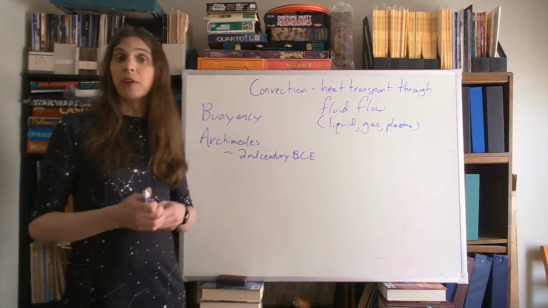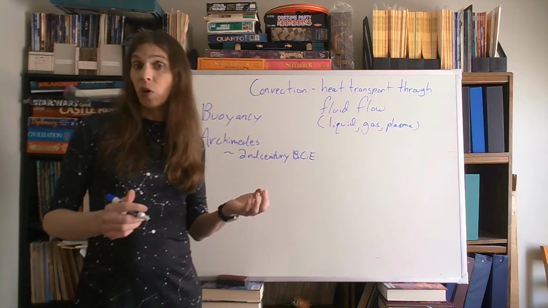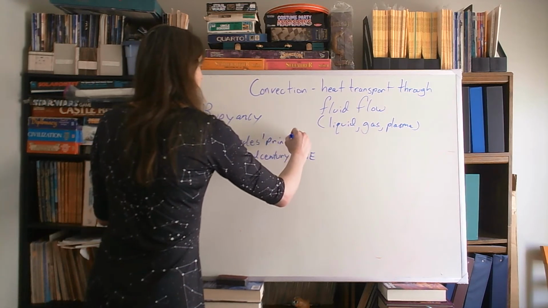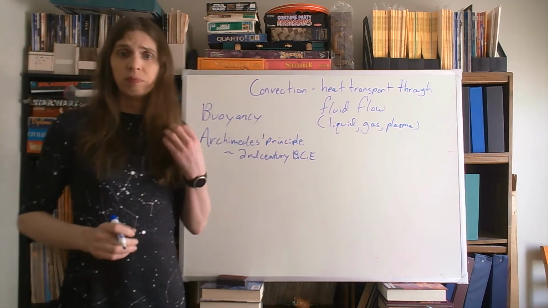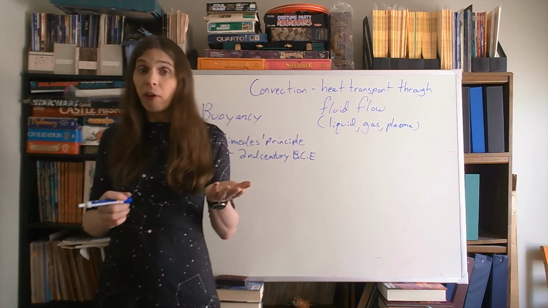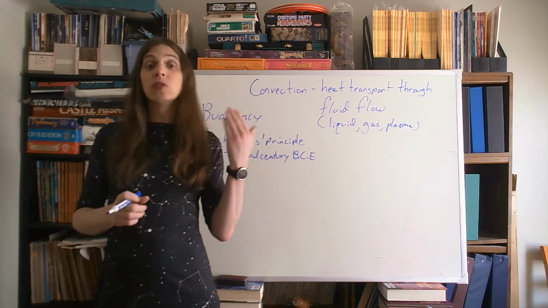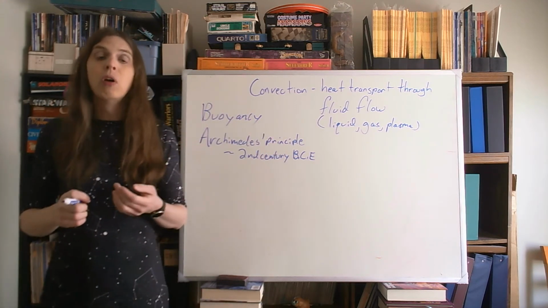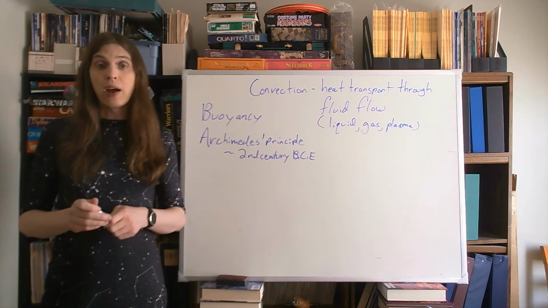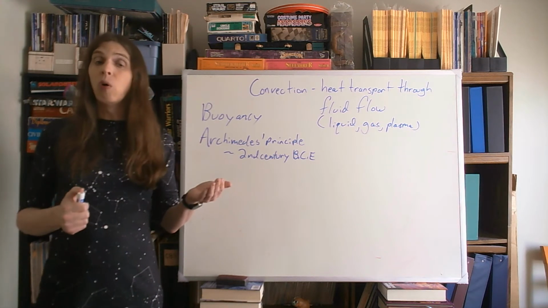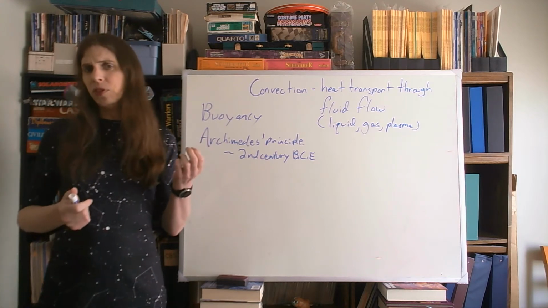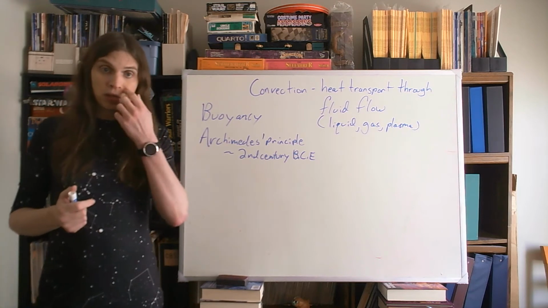Buoyancy, he also wrote about and described what became known as Archimedes' Principle, which has kind of a legend that goes along with it, which you may have heard of. And it goes like this. Archimedes' relative King Hero had commissioned an artist to craft a gold crown to go on the head of a statue of, I believe, Zeus in the temple in Syracuse.